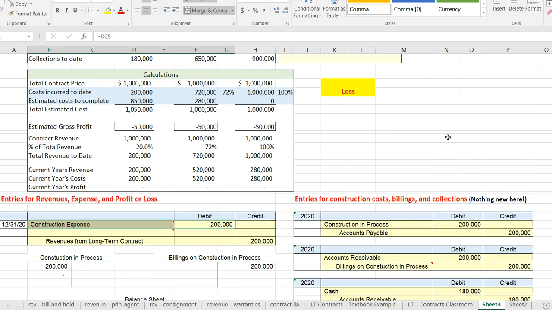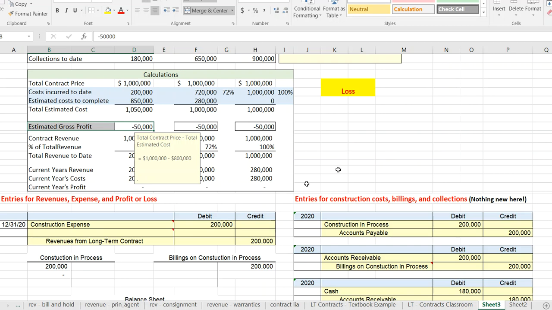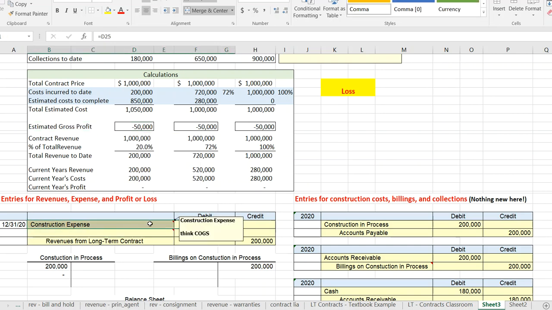So it could be at time 0, it could be after 1 year if we start having cost overruns, after 2 years if we have cost overruns. But in any event, we're expecting now a loss of $50,000. So we've incurred expenses of $200,000.